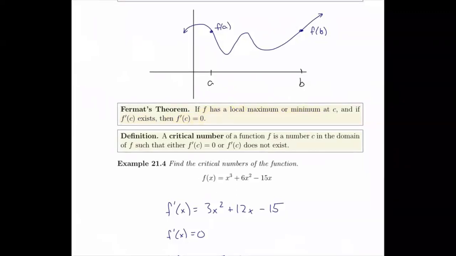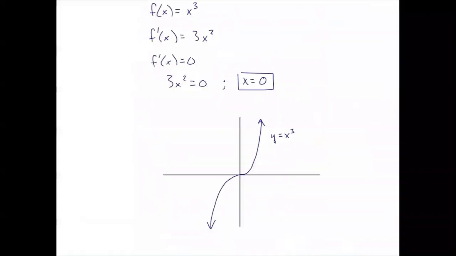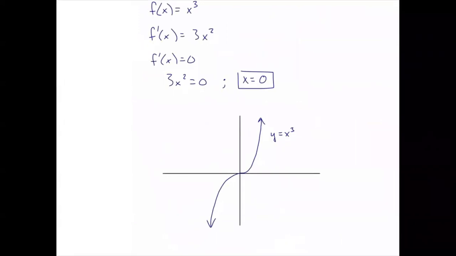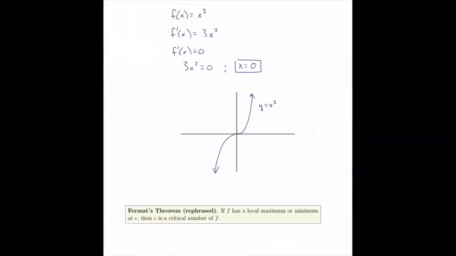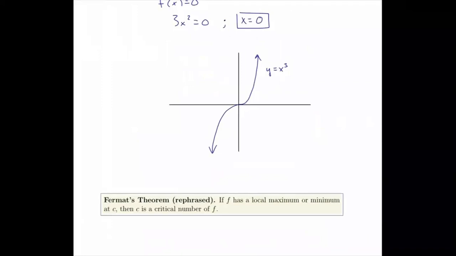It does give us a list of candidates from which to determine whether there are local max or local min. We would conclude in this case that there are no local maximum or local minimum values on this function, just by recalling its graph. We'll have other tools for this later, but for now that's sufficient. So Fermat's theorem, rephrased in a way that's perhaps more helpful, is that if f has a local maximum or minimum at c, then c is a critical number of f.